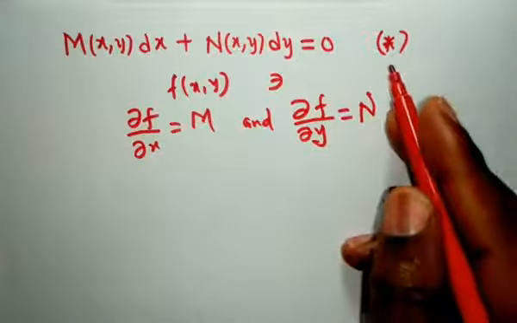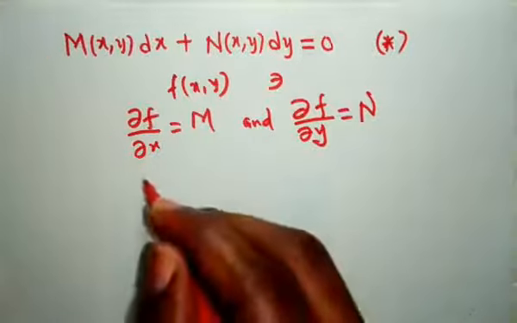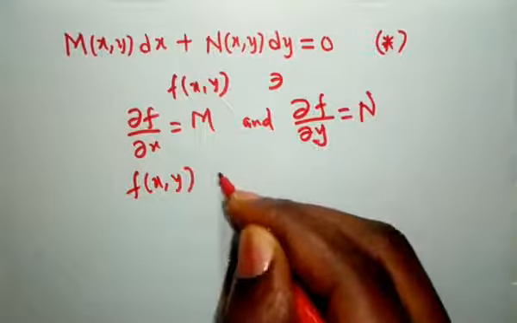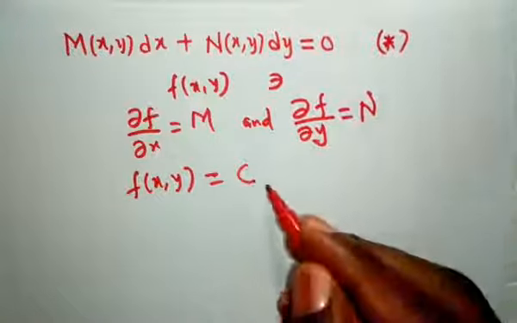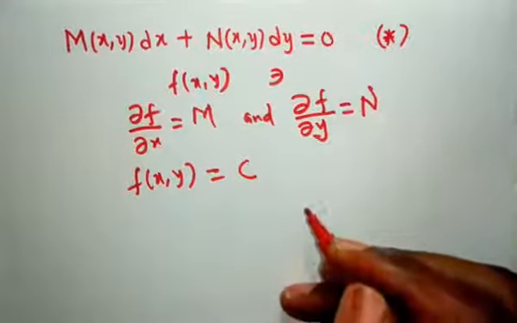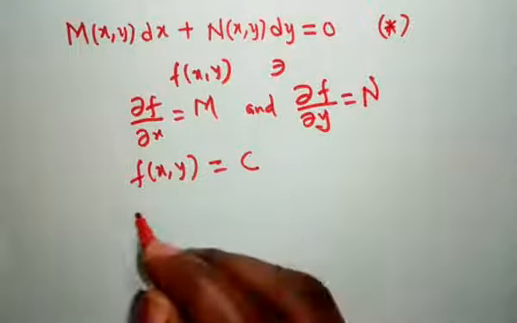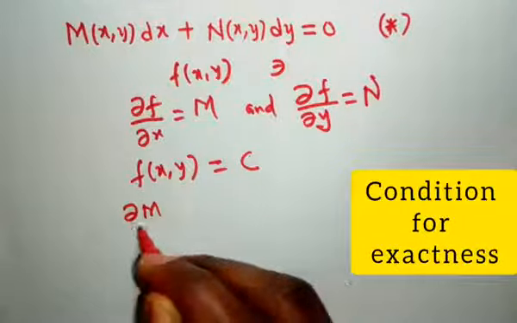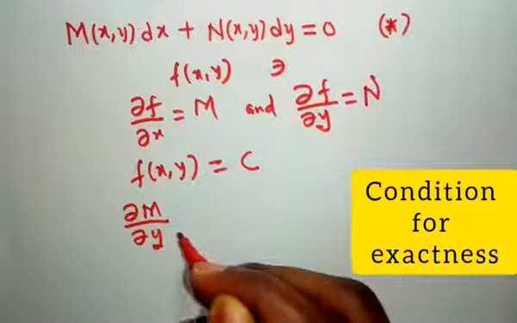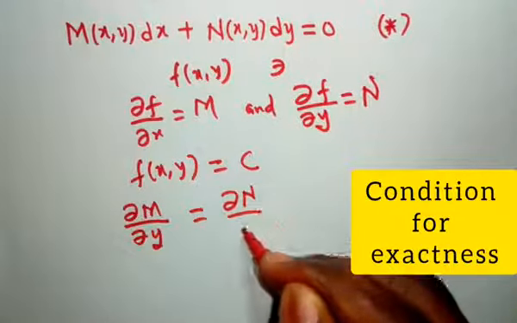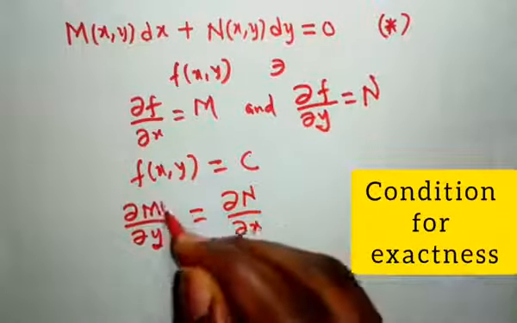Now the solution of star is given implicitly by f(x,y) equals c, where c is an arbitrary constant. Now to test for exactness, we simply check that the partial of M with respect to y equals the partial of N with respect to x.